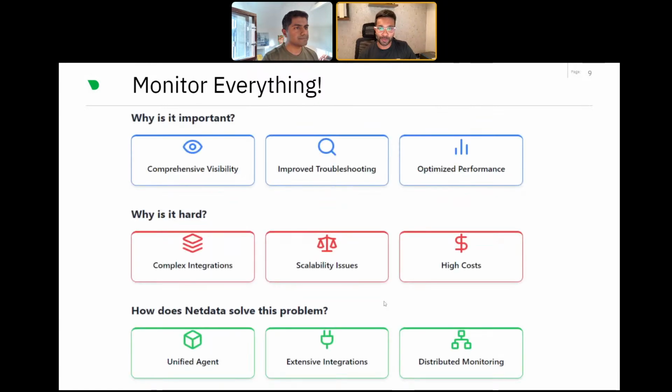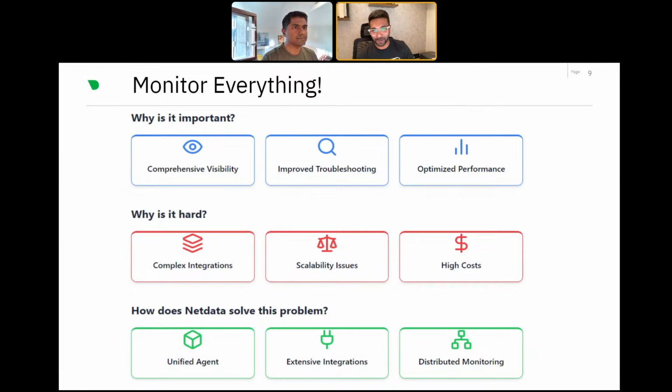Now, to quickly move to the next topic, it's kind of related. The next and important thing when it comes to a monitoring solution is to be able to monitor everything. There's no point if you have an infrastructure, but you're not able to monitor various components associated with it. Why is that important?